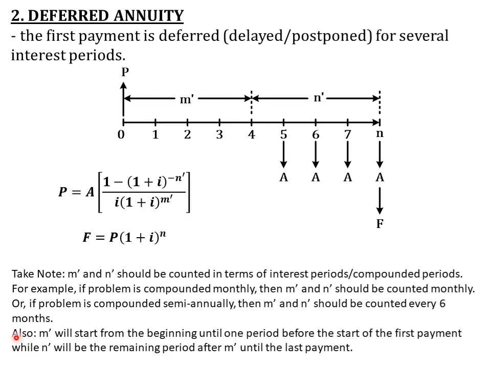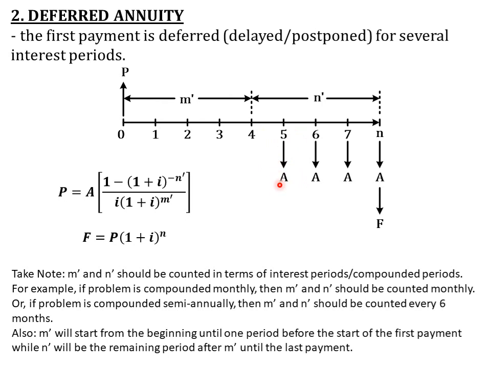And also m prime will start from the beginning until one period before the start of the first payment, while n prime will be the remaining period after m prime until the last payment. So to determine m prime, it will start at the beginning until one period before your first payment.